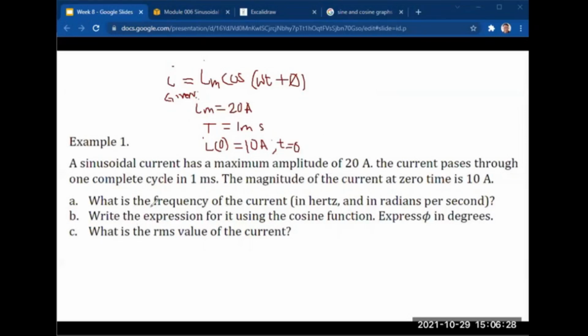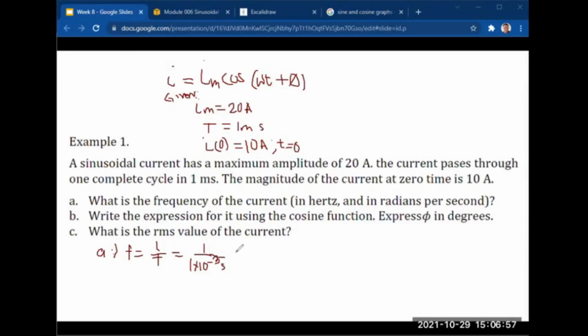Letter A: what is the frequency of the current in hertz and in radians per second? F is equal to 1 over T. Given period is 1 millisecond, and 1 milli is 1 times 10 raised to negative 3 seconds.